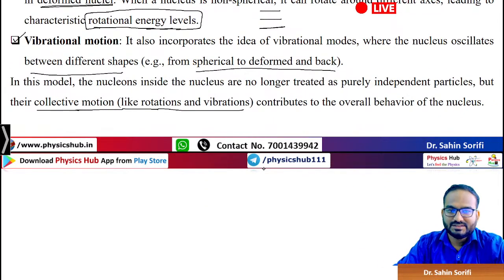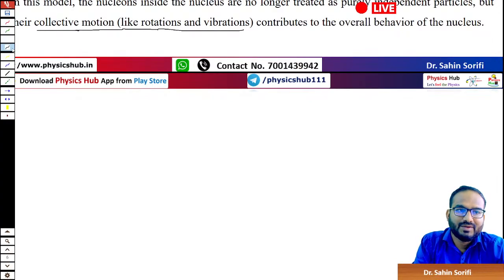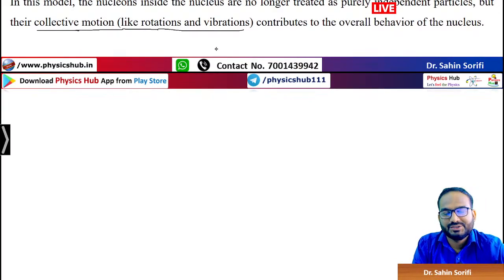Okay, now try to understand very carefully what the basic idea in the collective model is. If I talk about the electronic configuration, we have the closed shell configuration given by 2n squared, right?